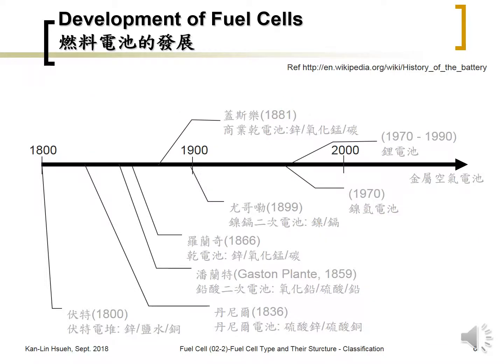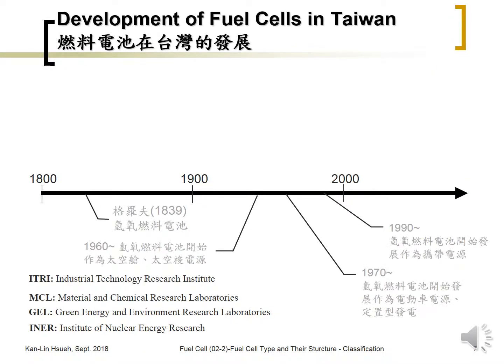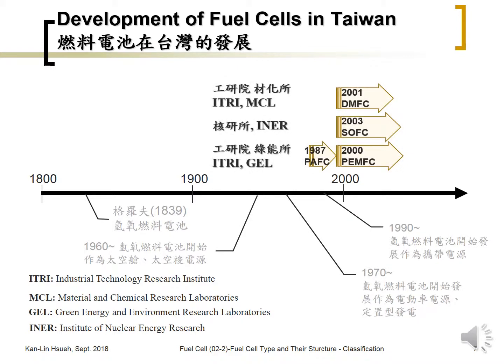The fuel cell in Taiwan started earlier, somewhere in 1987, at the E3, the Green Energy and Environment Research Laboratory. At that time, they focused on the PAFC, phosphoric acid fuel cell, for distributed power generation.